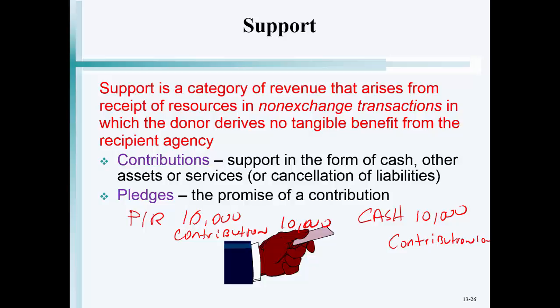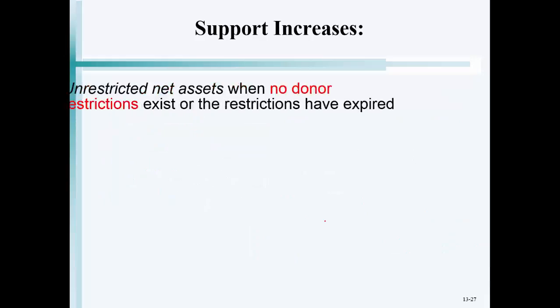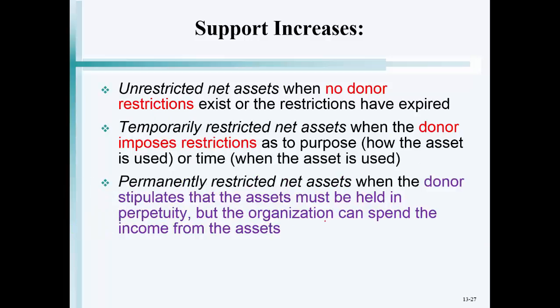Now, when we look at these pledges, we look at these promises to give, we have to be careful about the nature of that promise before we go ahead and just recognize the contribution. So what happens? I keep forgetting that we have this slide in here, and I jumped to what's supposed to be on the next slide.